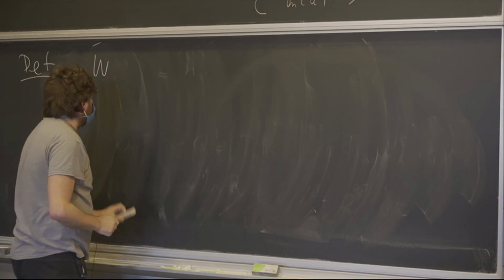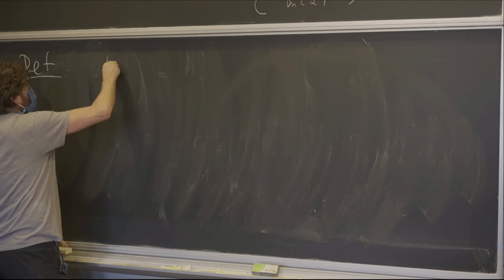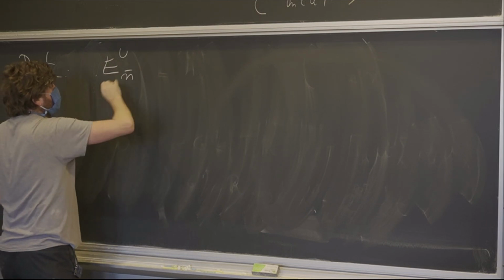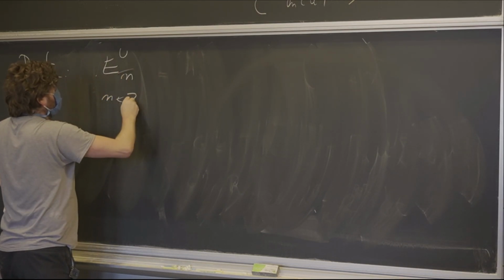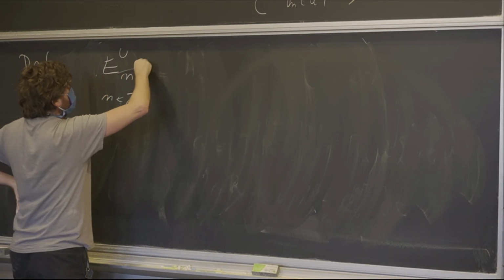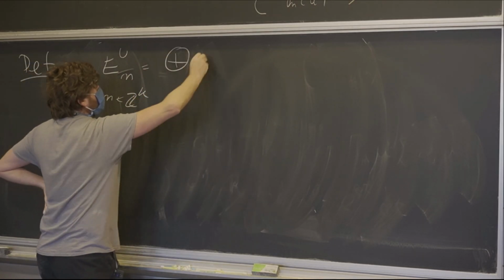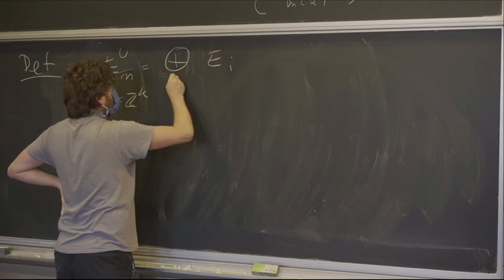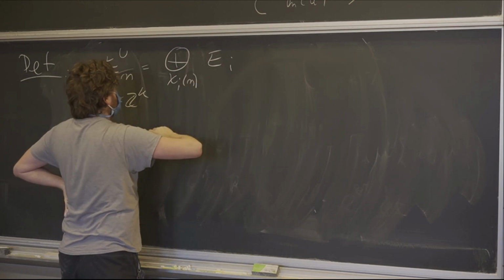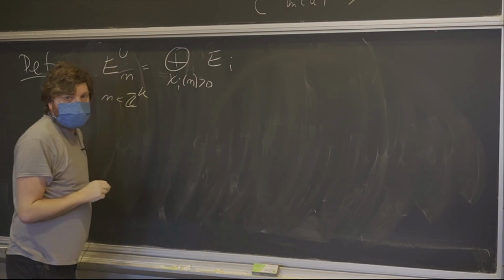Define, oops, not W, but E. E^u(n), for n in C^k, is the sum of all the E_i where chi_i(n) is positive.